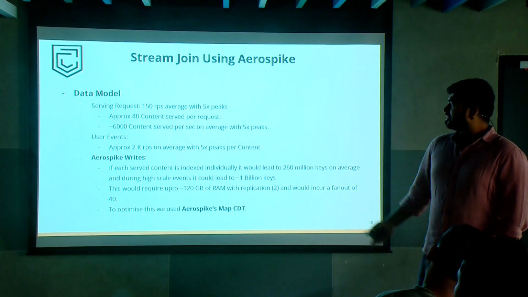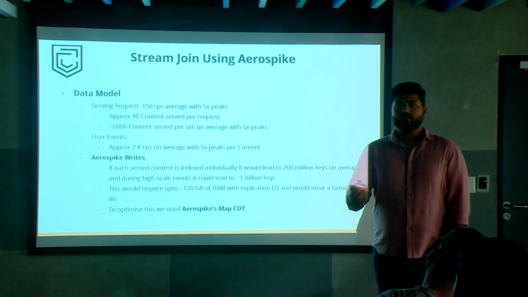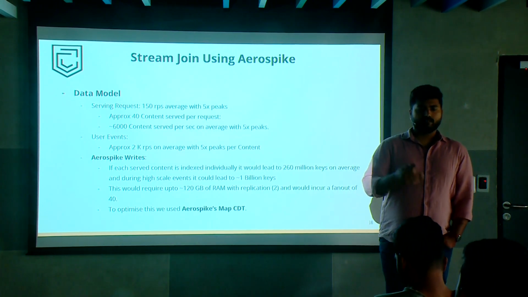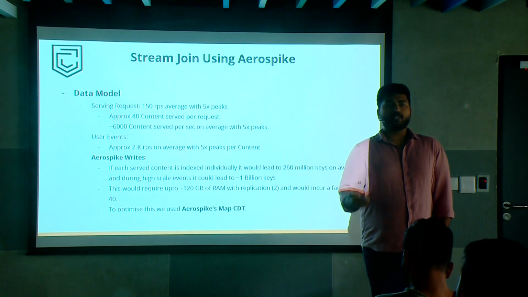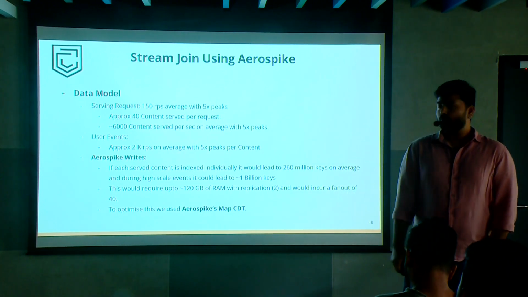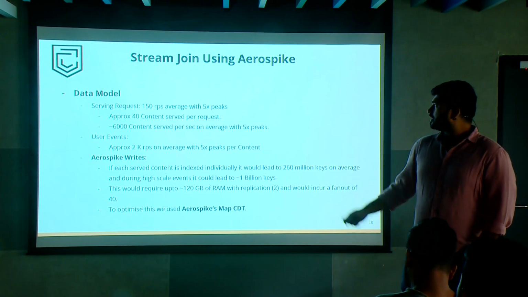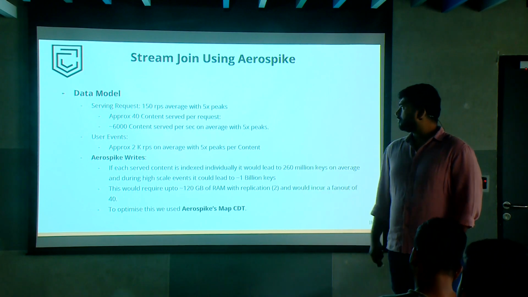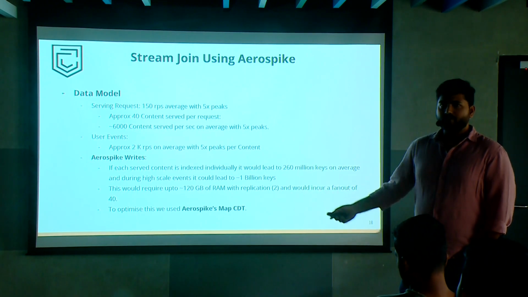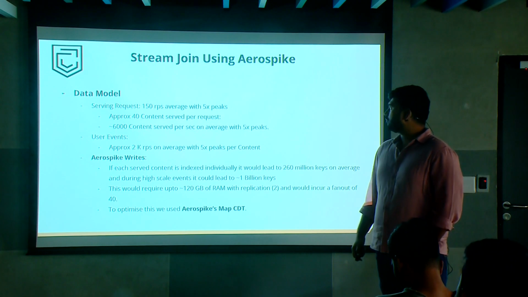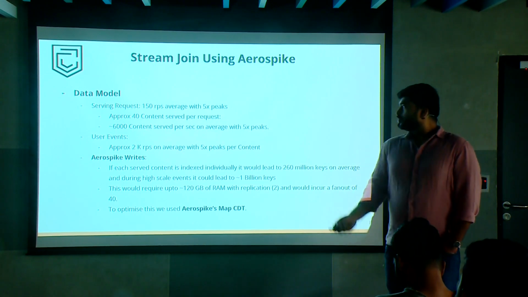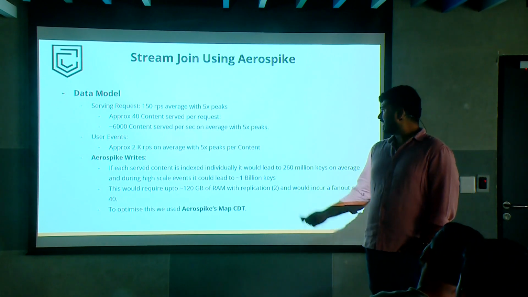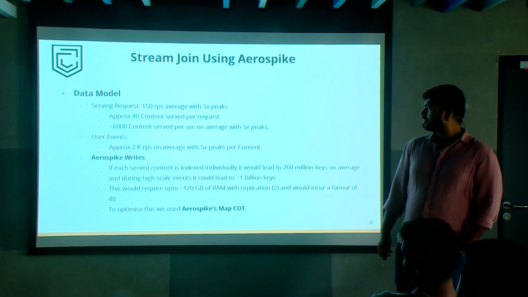Whenever we get a request, like a page load, we serve almost 40 content items per page, which means around 6,000 RPS of content, with 5x peaks within a month. The user events are around 2 to 3K RPS, which is the read load, again with the same 5x peak.